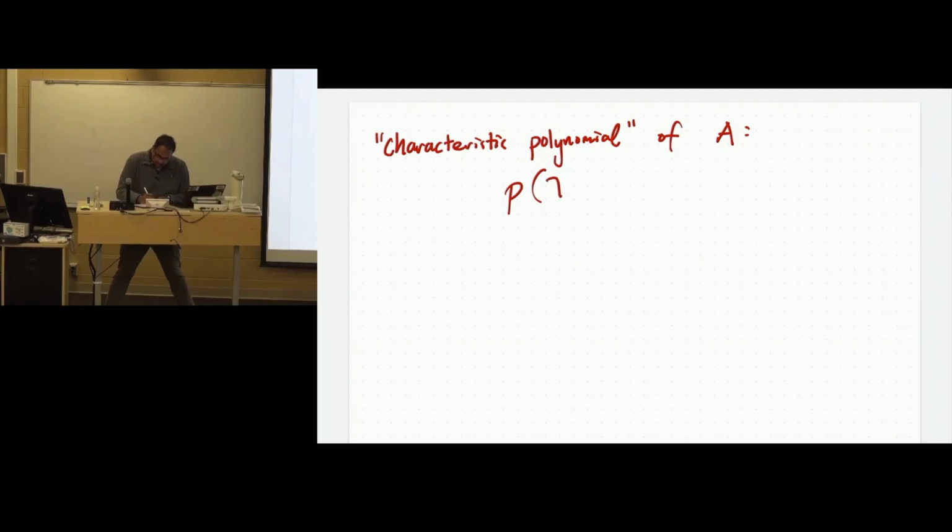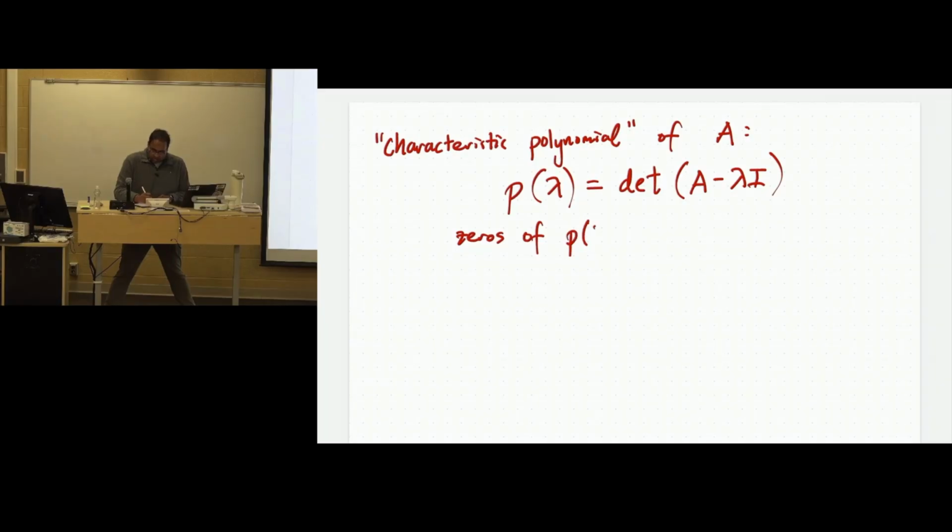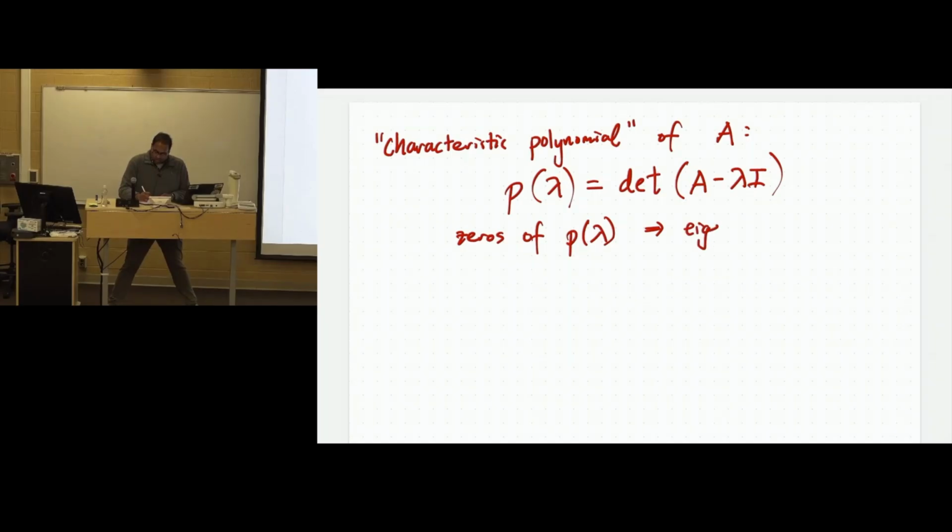So the characteristic polynomial of A is the polynomial whose inputs are lambdas and outputs are numbers, is the determinant of A minus lambda I. And what we are looking for are the zeros of the characteristic polynomial, which correspond to eigenvalues lambda. Right? We're looking for the roots of the characteristic polynomial.